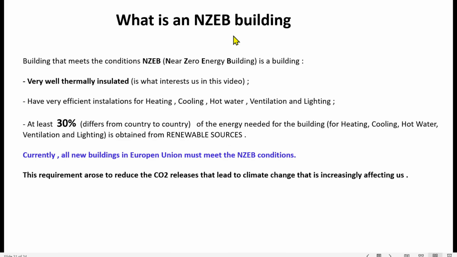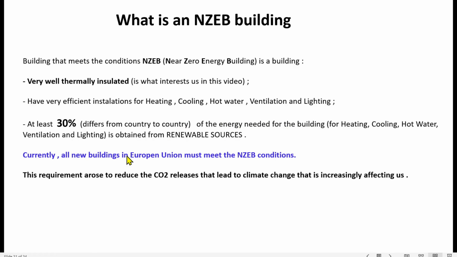What is an NZEB building? A building that meets the NZEB condition, near zero energy building, is a building very well thermally insulated, which is what interests us in this video, with very efficient installations for heating, cooling, hot water, ventilation, and lighting, and at least 30%, which differs from country to country, of the energy needed for heating, cooling, hot water, ventilation, and lighting is obtained from renewable sources.